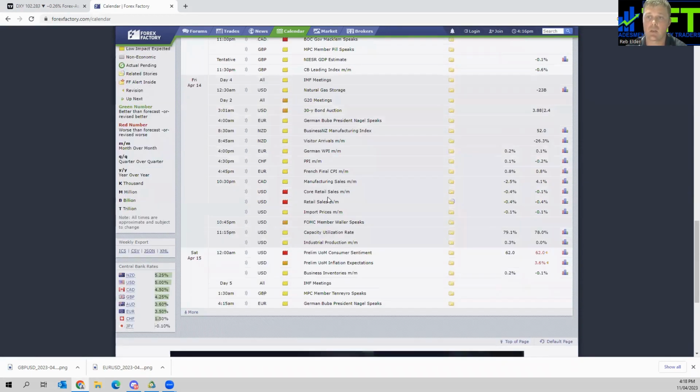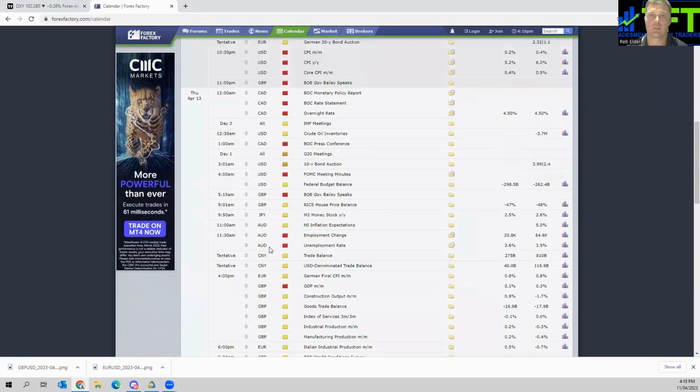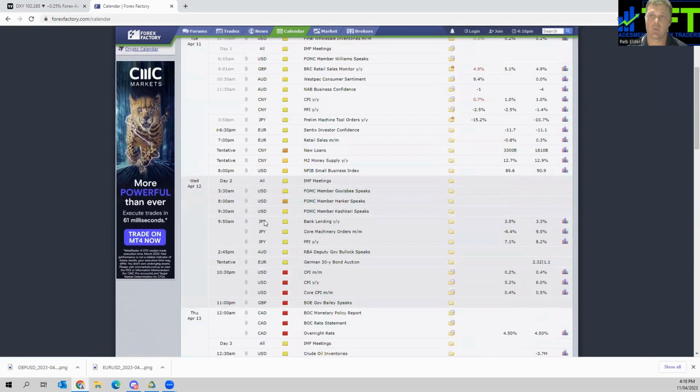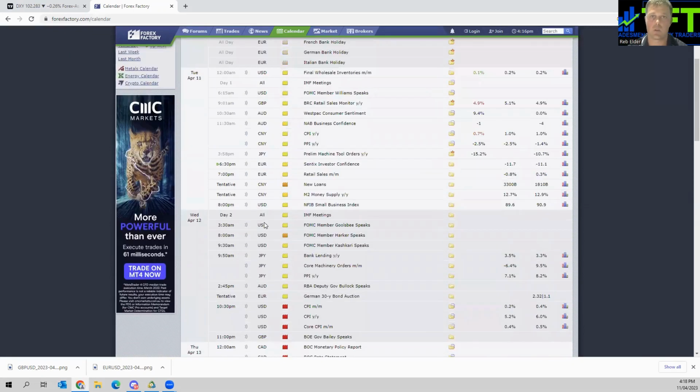And then Friday, we have core retail sales month on month coming out. So we need to be careful of those. Wednesday, Thursday, Friday could be quite volatile. We might see a lot of aggressive price movements there both ways, so just need to be a little bit considerate of that. But price action today should look pretty good.